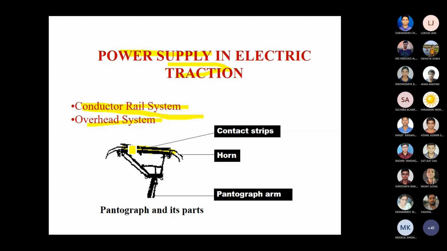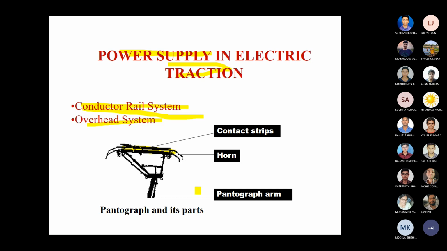Here we can see the basic important points of the pantograph. The contact strips: you can see the two contact strips. Then there are horns, and then the pantograph arm.